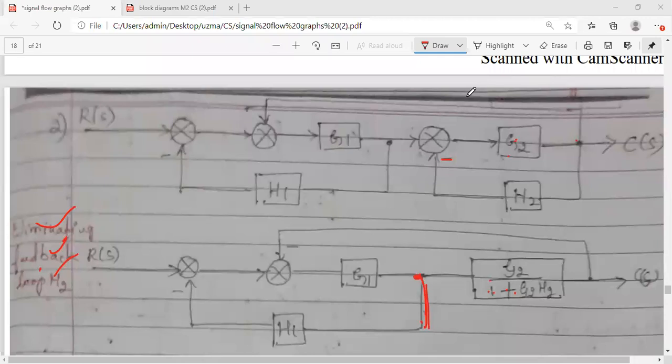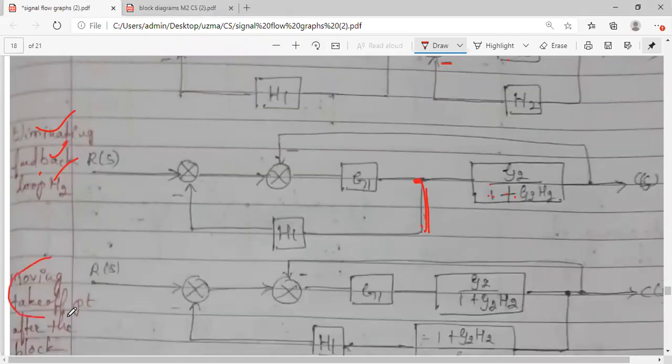So the next better suitable rule can be moving the takeoff point. Moving the takeoff point, where to shift, either towards this or towards the other side.